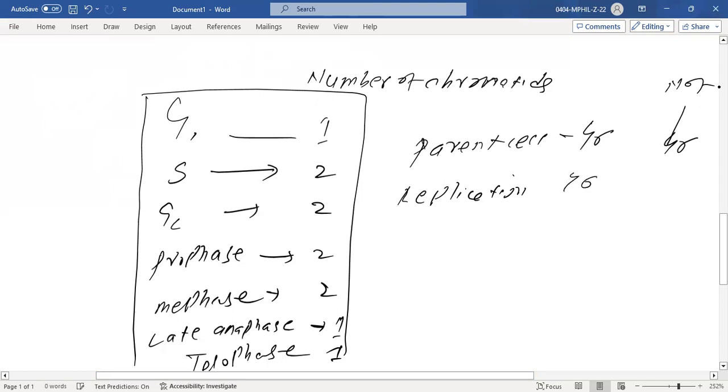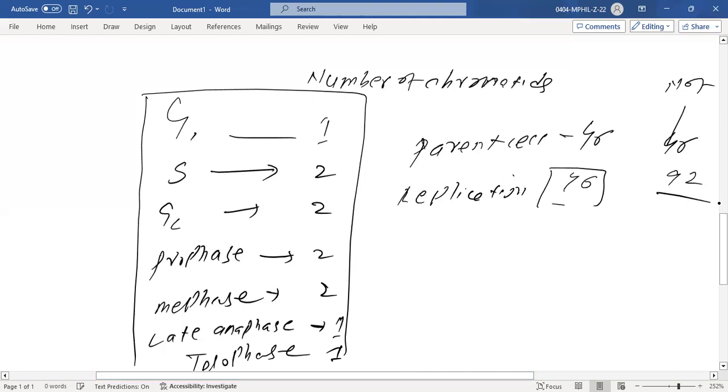No, sir, 46, because that is semi-conservative. So number of chromatids would be already 46 in the case of the parent cell. In replication, the number of chromatids would be 92. Number of chromosomes are not going to change.